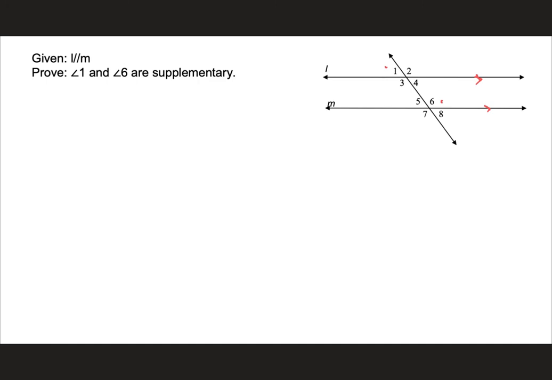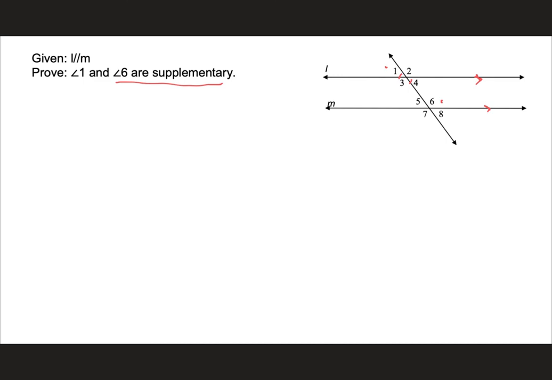Now, as I'm looking at this, I do notice that 1 is congruent to 4 because of vertical angles. And the nice thing about that is that 4 is supplementary to 6. And that's already half of the thing I'm trying to prove. So I'm going to go in that direction.